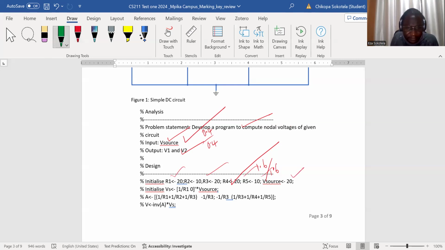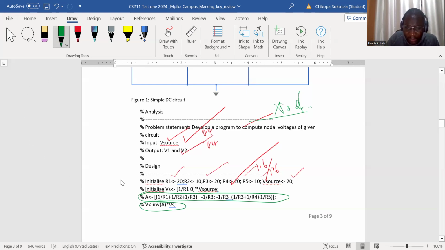Then this is the system matrix. I do not need to remind you how to do nodal analysis. You know how to do that quite well. And this is the key equation that allows you to compute the nodal voltages.